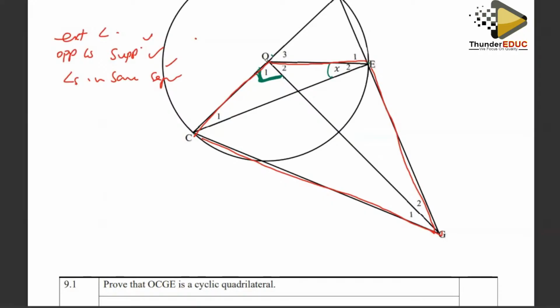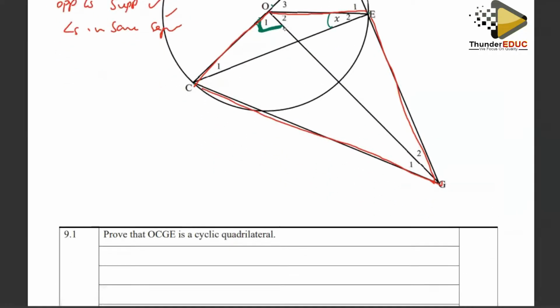So number 1, what I can notice is that O1 is a 90, we were told. Okay, O1 is a 90, that is given to us.